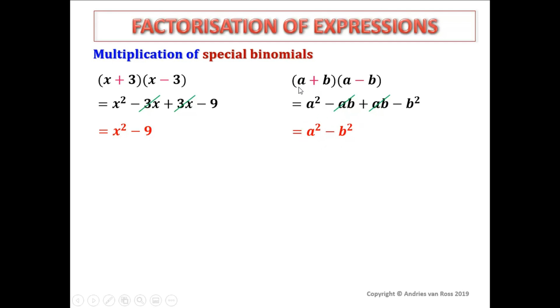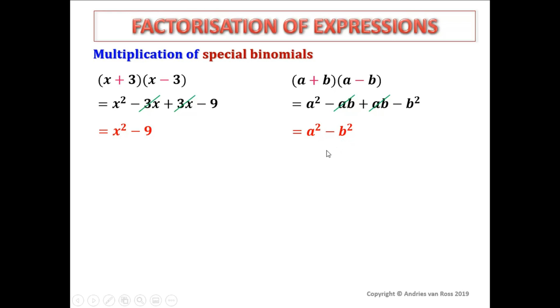Like in the first problem that we solved, it's the first term in both brackets squared minus the other term squared.